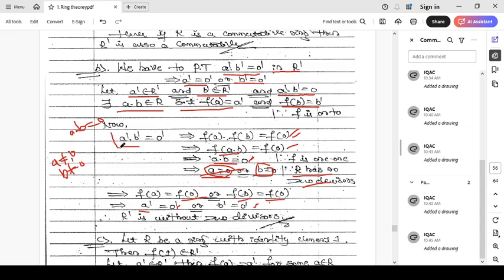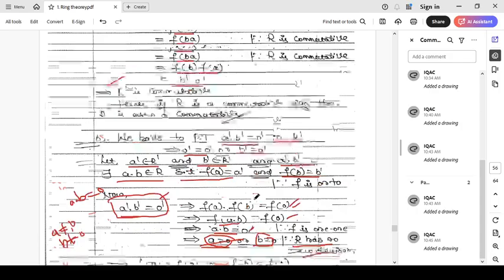So this condition we are getting for every A dash, B dash belonging to R dash. Therefore we can say that if R has no zero divisors, then R dash also has no zero divisors.